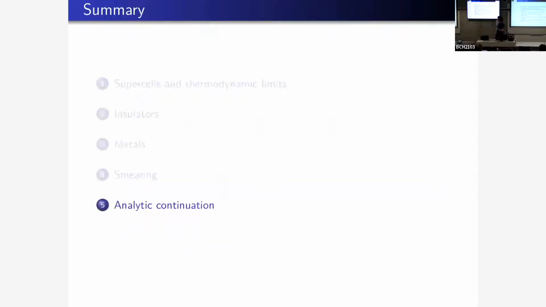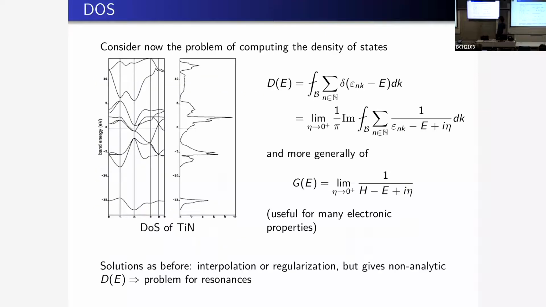All right. So, okay, second part, analytic continuation. Analytic continuation turns out to matter whenever you want to compute the density of states more accurately. Assume you want to compute the density of states. You can write it this way, which the mathematicians don't like because it's a delta function, so you regularize it with this funny thing, which just says that instead of a delta function, you put a Lorentzian, 1 over 1 plus x squared, which is the imaginary part of this function.